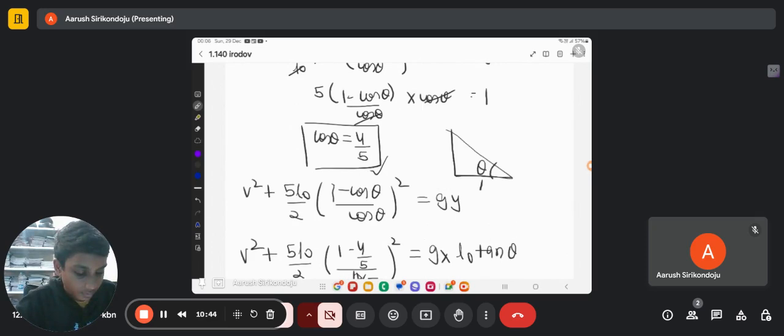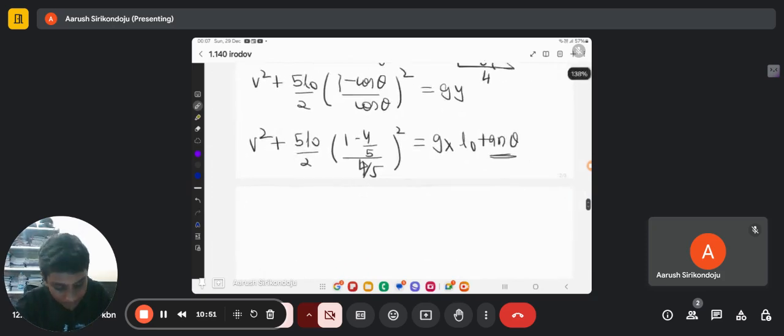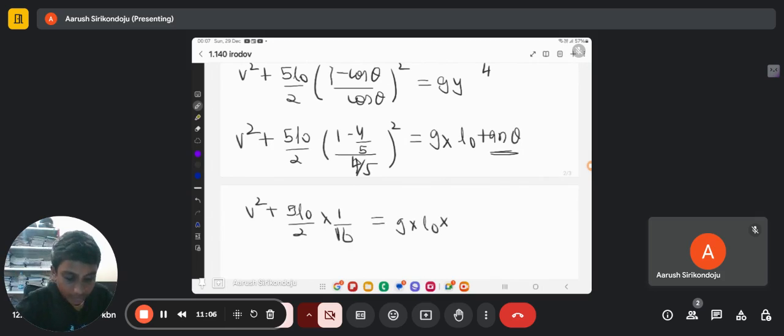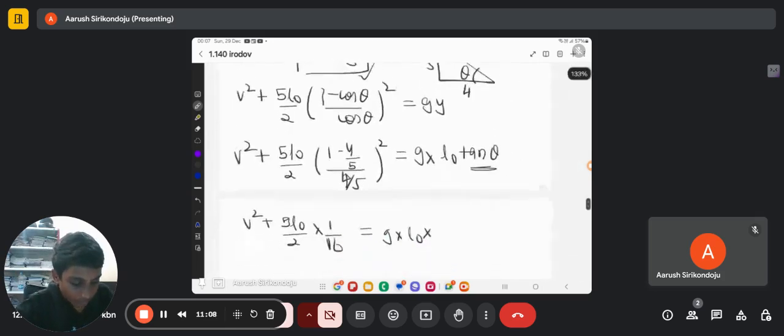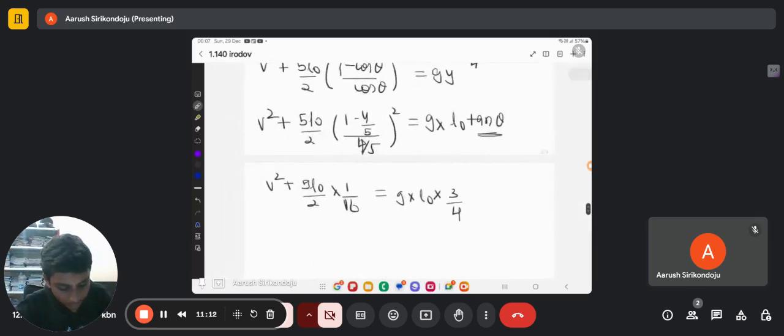So this will be 4, this will be 5, and this is 3. So tan theta will be 3 upon 4. Let's substitute it. V square plus 5 L naught by 2 into 1 by 4 whole square, which is 1 by 16, right, equals G into L naught into tan theta, which is 3 upon 4.